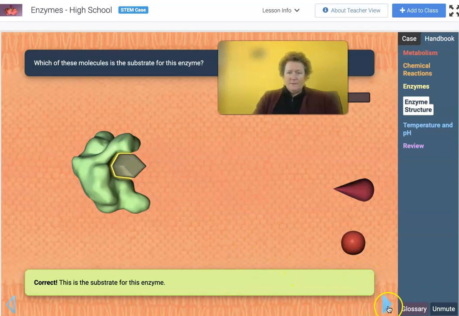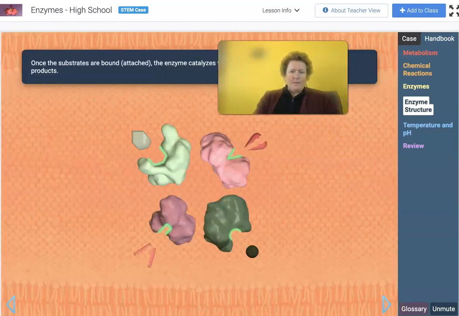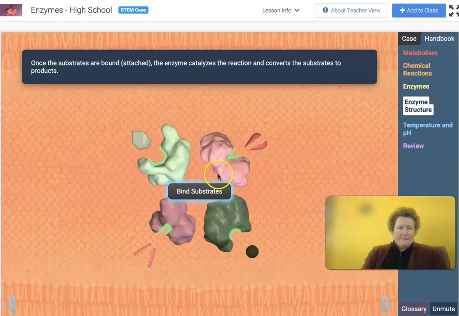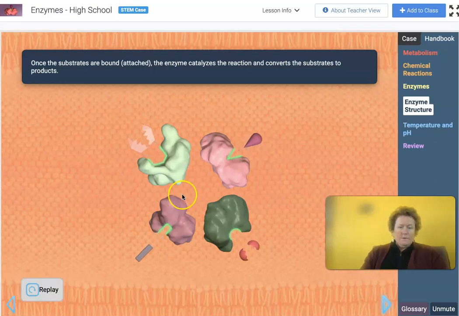Yep, that's the one. Once the substrates are bound, the enzyme catalyzes the reaction and converts the substrates to products. Notice in some cases that the enzyme is tearing things apart or pulling molecules apart, and sometimes it's putting molecules together.